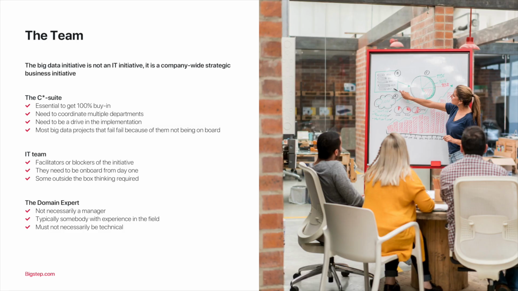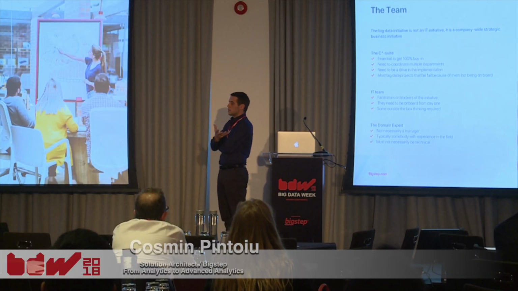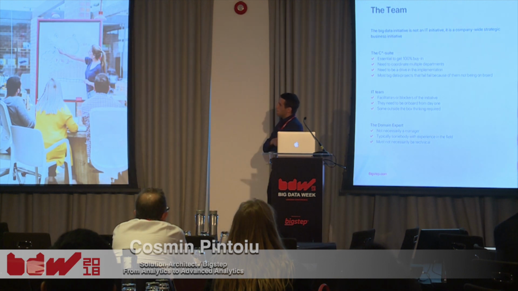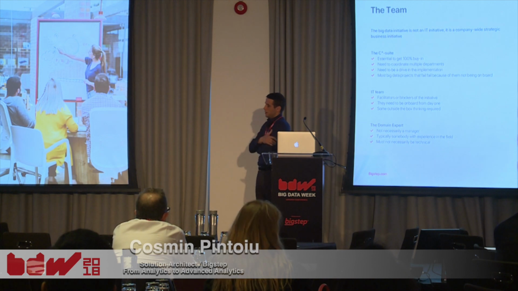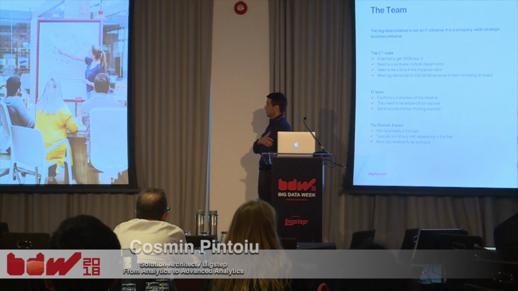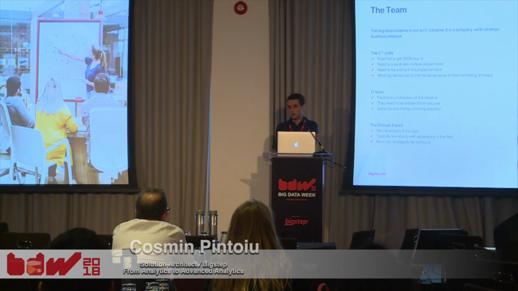Then the second part of the team, as we see it, is on the customer side. So we have the C-suite here. Usually in advanced analytics projects, you have to get their 100% buy-in from the beginning. Most of the projects tend to fail because they are not on board for the entire project.